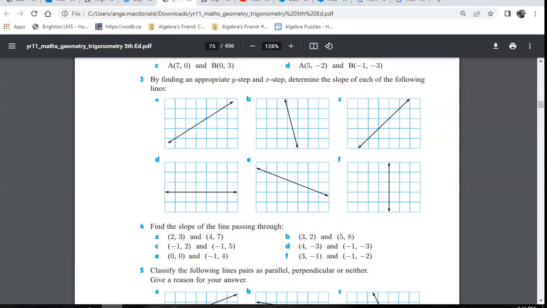Just from memory though, anyone want to tell me what the slope is of D and F? So we just covered this would be a positive slope, yeah? I'm not asking you to count the triangles to go rise over run because that's just stupid. And when I say triangles, I do mean squares.